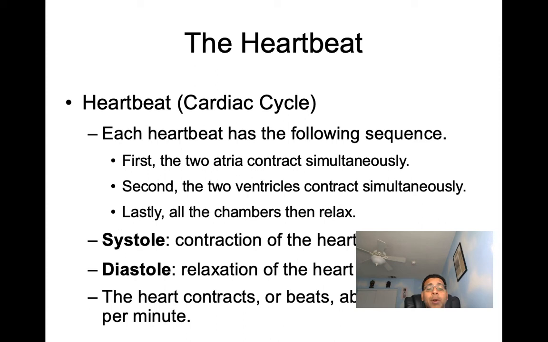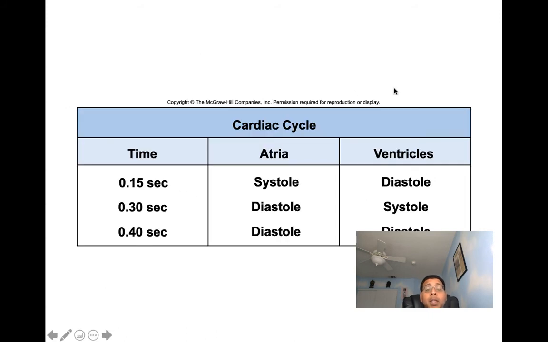The heart contracts at a rate that can vary from 60 to 80 beats per minute, and we can see it averages about 70 beats per minute. Next, then here we can time each of those phases. First, atrial systole, when the atria are contracting and at the same time we have ventricular diastole, is about 0.15 seconds.